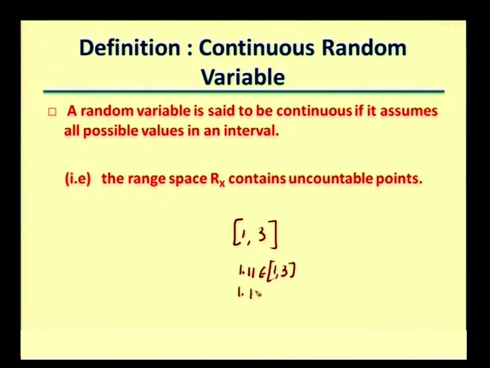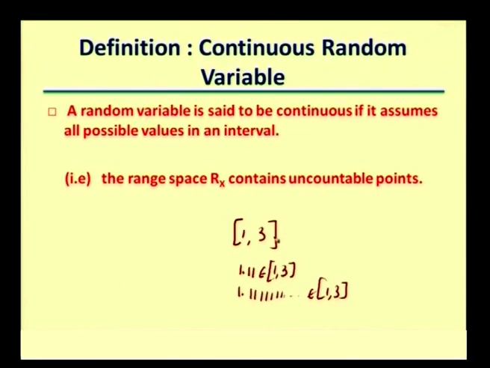And if I take 1.111111 etc., that also belongs to the set 1, 3. It means that you are not able to count and you cannot predict how many numbers are there in the interval 1, 3. So if you are not able to count, that becomes uncountable points. That is called continuous numbers.